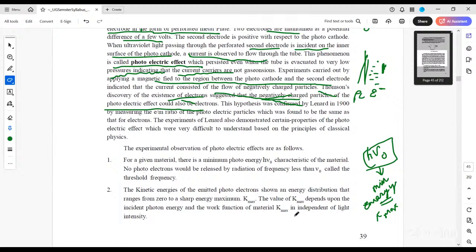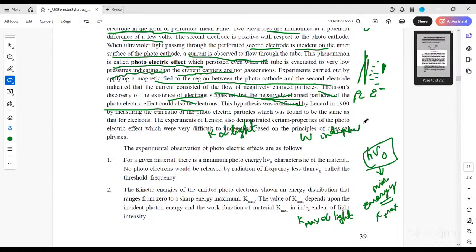K maximum is directly proportional to the light falling on the material. The work function is called W. The work function of the material is independent of the light.